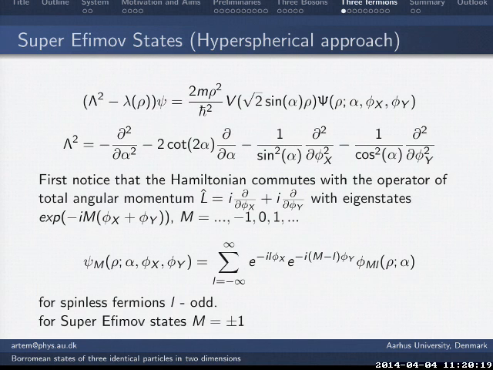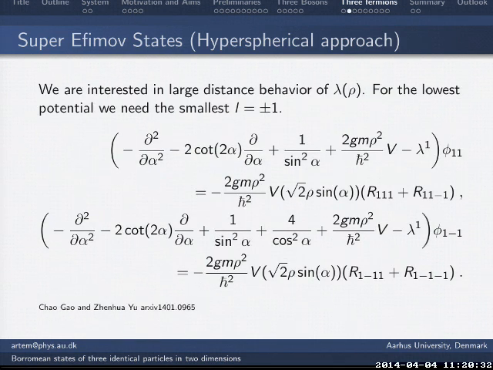So here you have an infinite sum, and you can take this infinite sum and put it into your equation, and it will give you an infinite number of coupled equations. But we can prove that if you consider only large distance behavior, then you need to take only plus or minus 1 L. It means that two particles can approach each other in only the plus or minus 1 channel, because all other channels are suppressed due to higher partial waves.